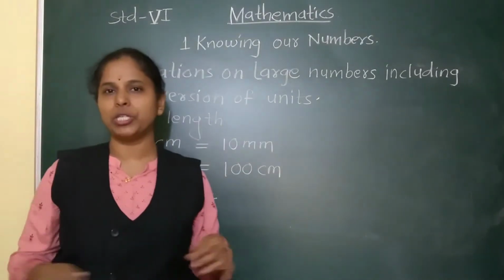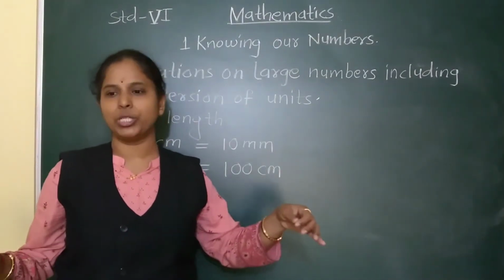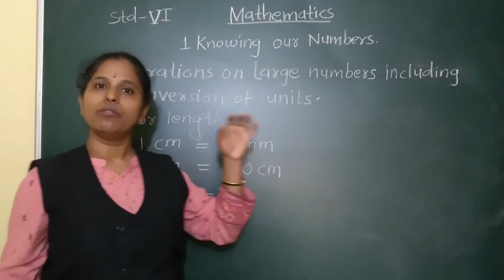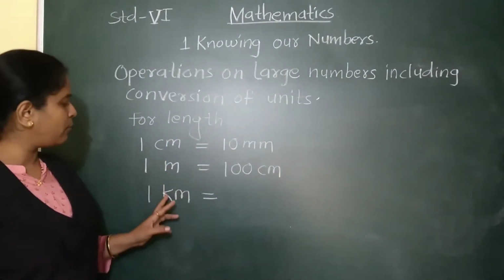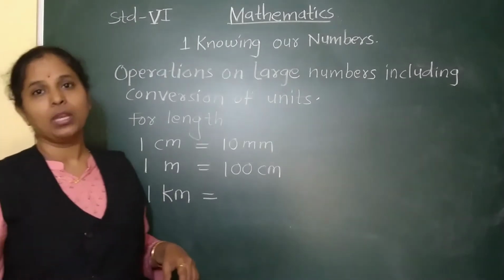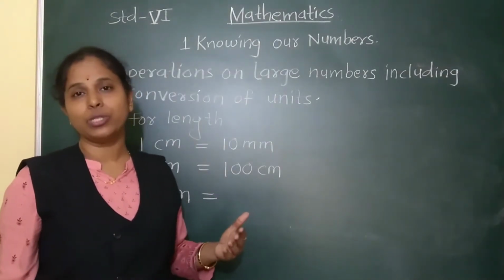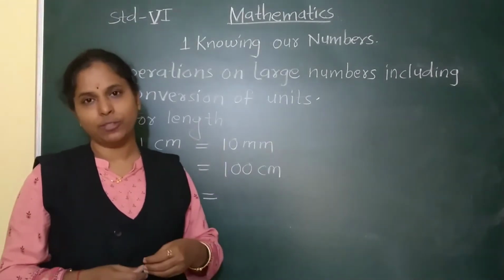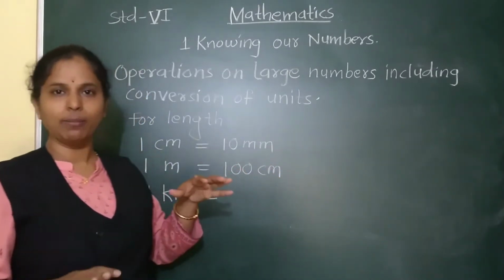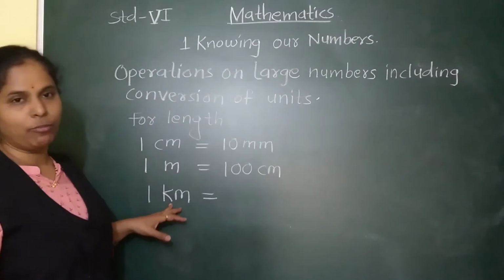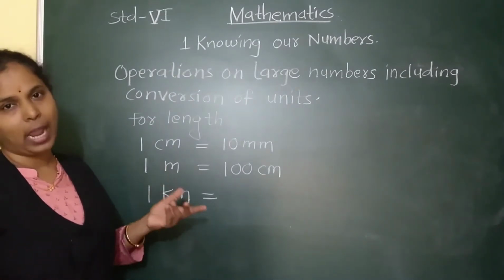Suppose we want to measure the cloth, or the length of the bed, there we are using meter. And kilometer, for what are we using? If long distances are there, then we measure using kilometer. For example, the length of the road and all.